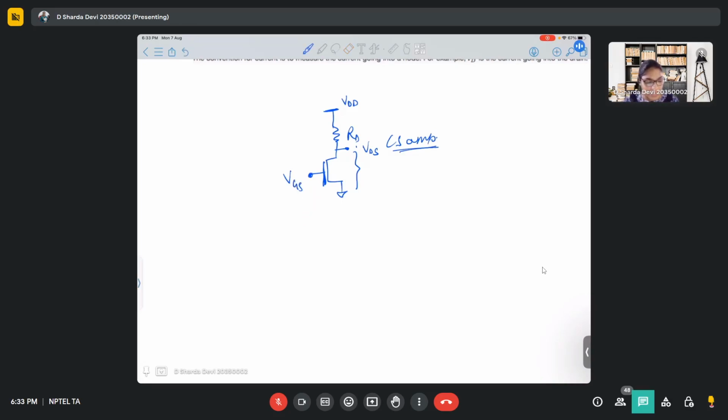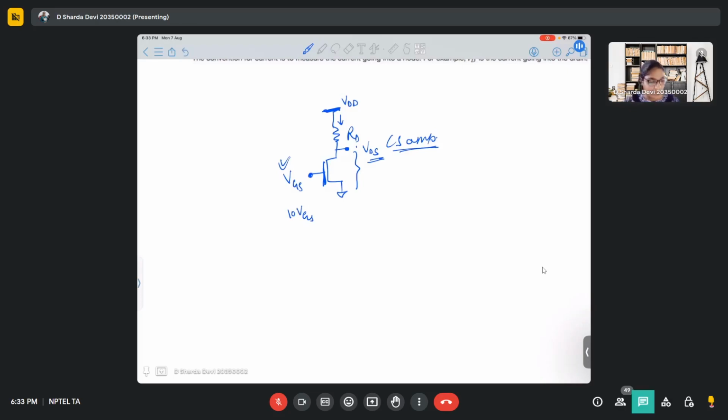Then let's say I apply 10 volts of VGS. Will my VDS change? What actually changes in your MOSFET is the current because of the change in VGS, and it indirectly affects your VDS because your VDD is constant. So in this type of circuit, you have an indirect relation between VGS and VDS.